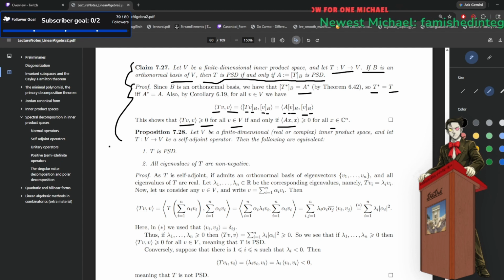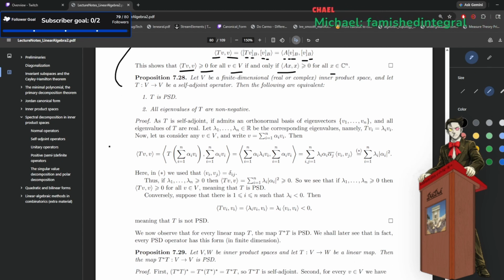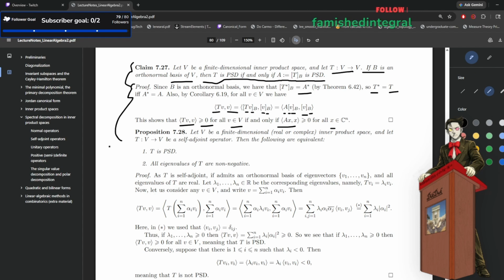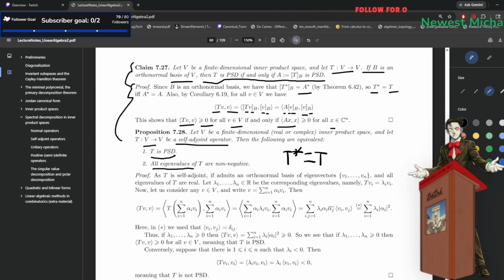Now, proposition 7.28. Let V be a finite dimensional, real or complex inner product space, and let T be a self-adjoint operator, i.e. T star is equal to T. Then the following are equivalent: T is positive semi-definite, and all eigenvalues of T are non-negative.